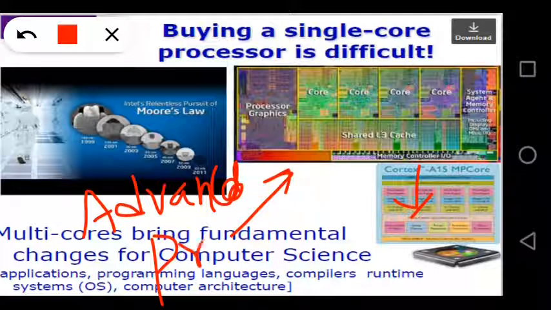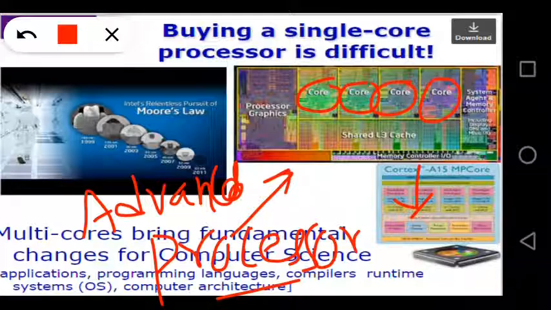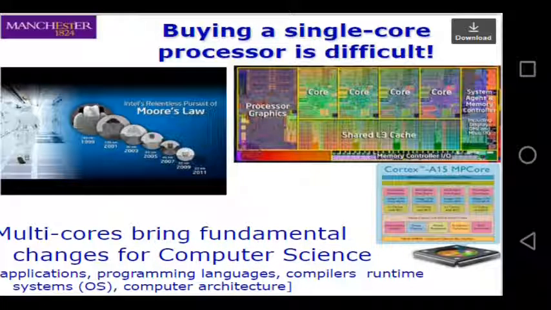It contains four cores, core 1, core 2, core 3, core 4, which have shared L2 cache. There is a separate processor for the graphics. So there are so many challenges in advanced processor technology that we will discuss.